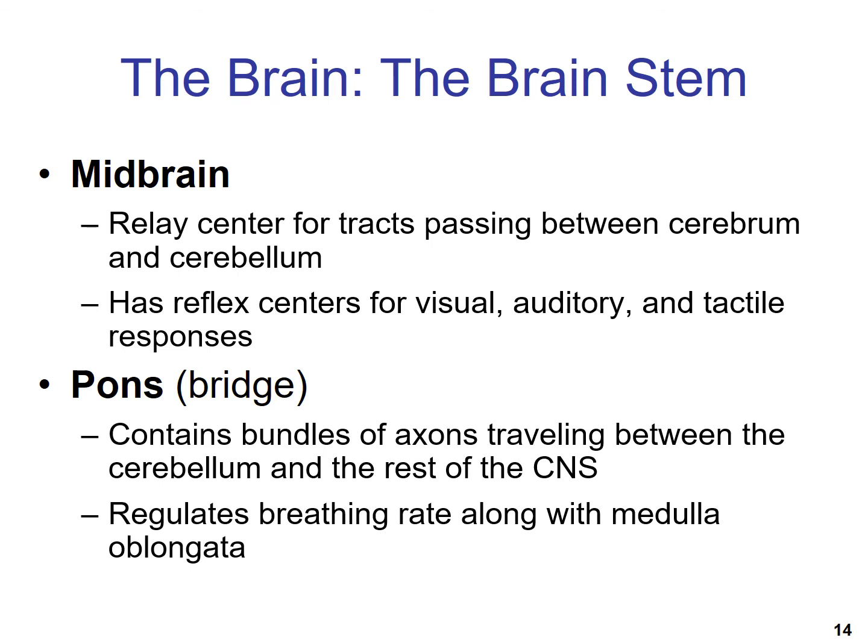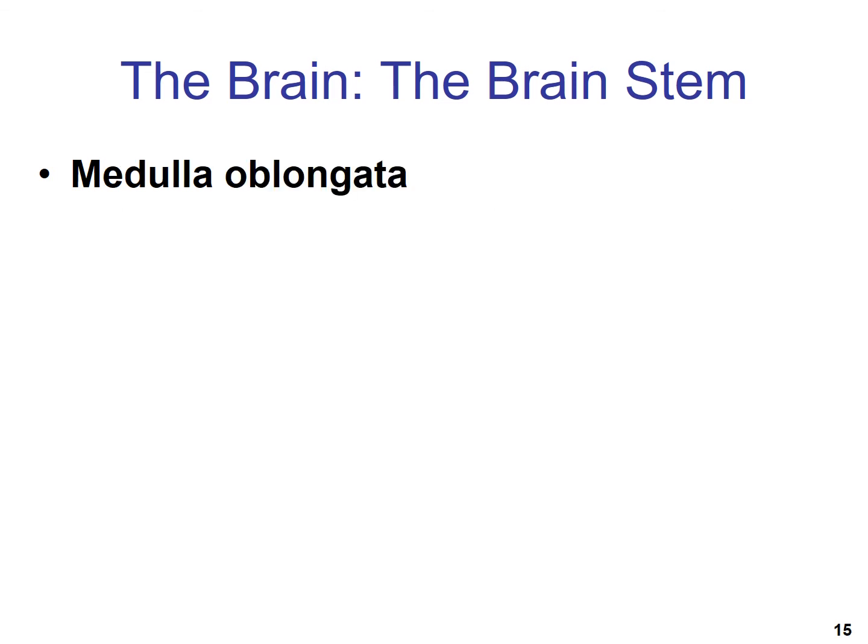The pons contains axons that travel between the cerebellum and the rest of the central nervous system. So all of this input that's coming into the cerebellum about body position from all of your skeletal muscles is going to pass through the pons. The pons also regulates breathing rate along with the medulla oblongata.